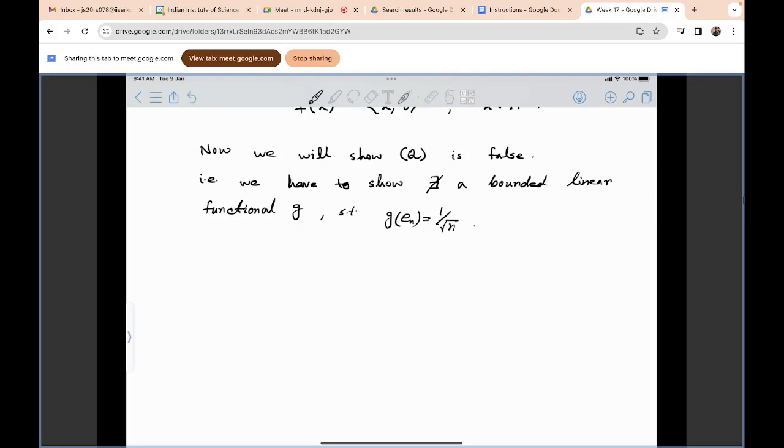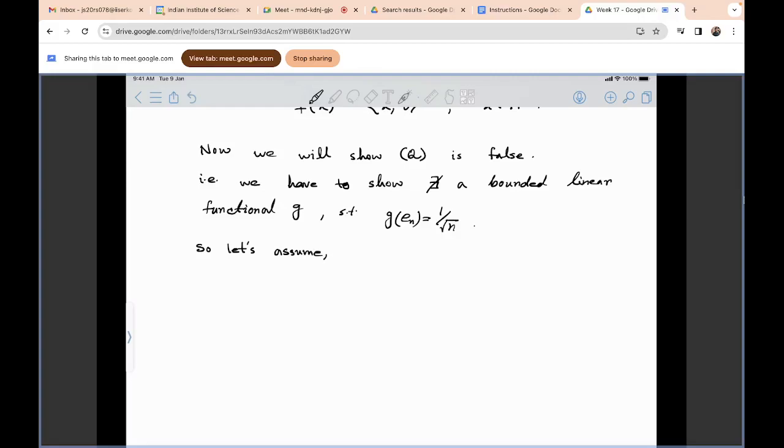So suppose there exists such a G. We'll prove this by contradiction.